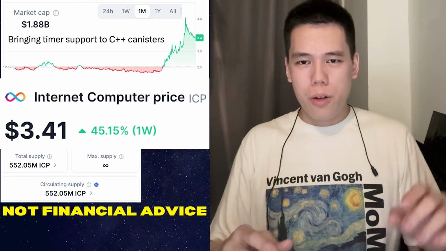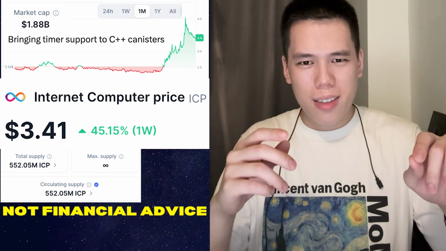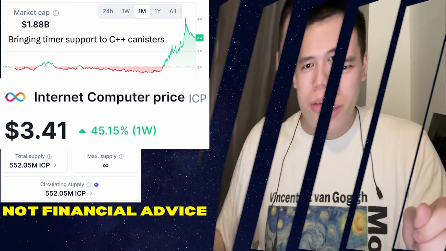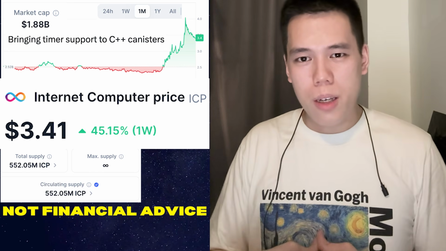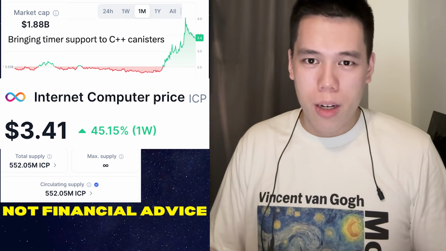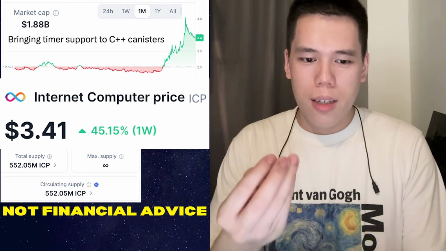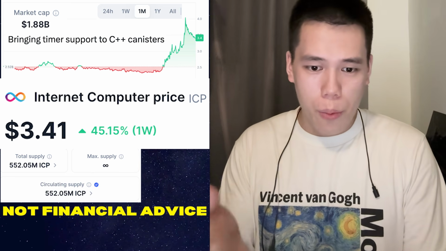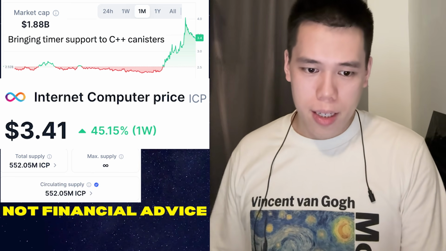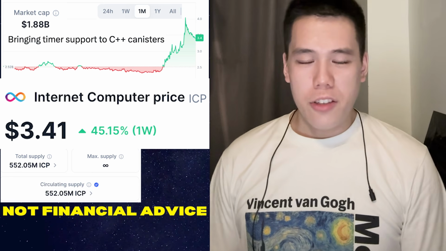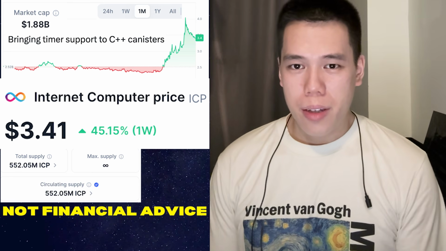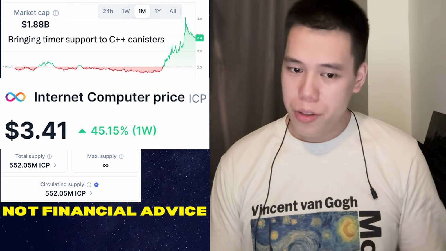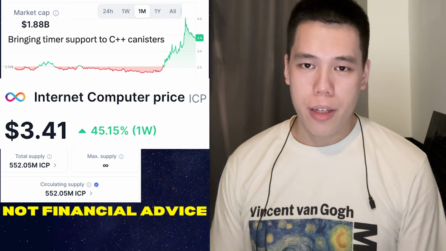It's like when you have a socket on the wall and there's a timer that you can control; that's what this recent upgrade reminds me of. Previously, when that feature didn't exist, it limited some developers out there. But now that there is timer support for C++ canisters, I find it pretty interesting.